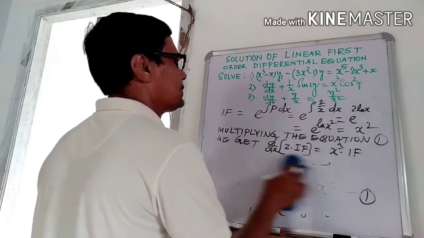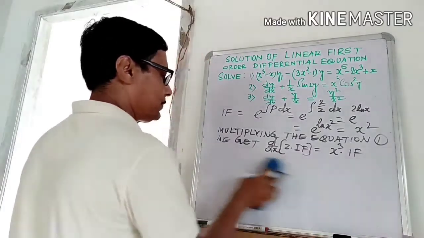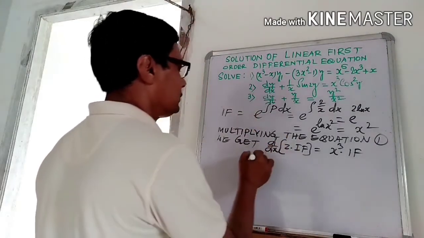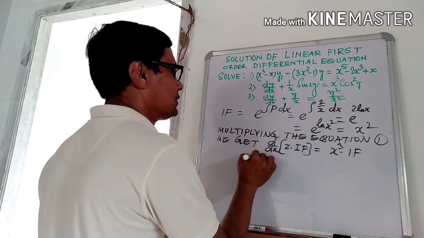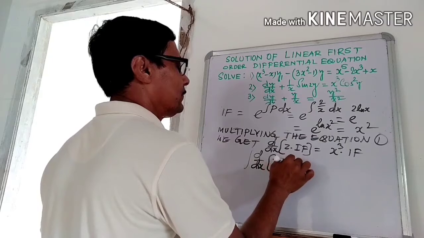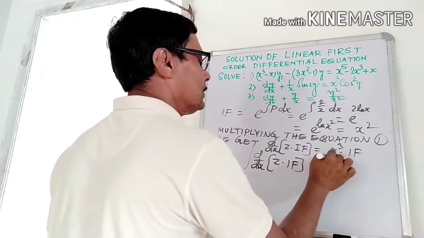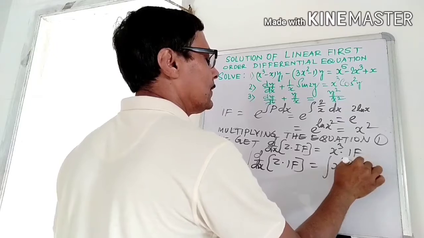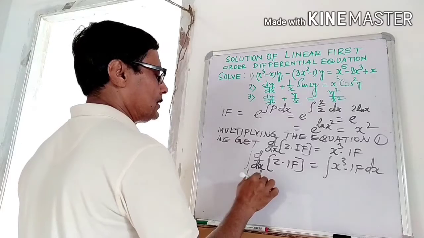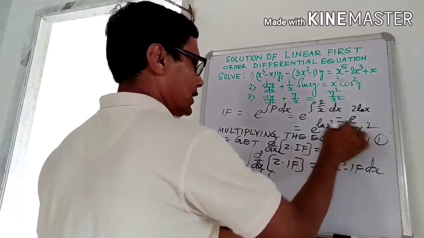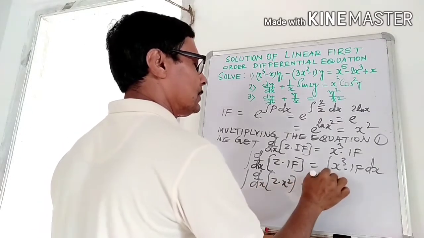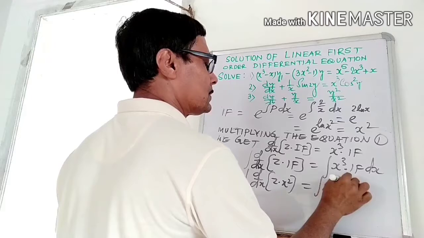So we can integrate these equations. Integrating, we get z times integrating factor equal to integral of x cube into integrating factor dx. Here integrating factor is x square, that is z x square equal to integral of x cube into x square dx.